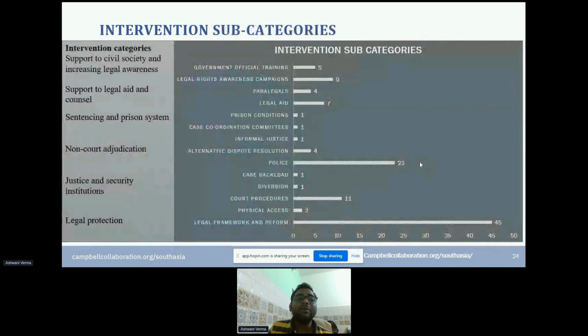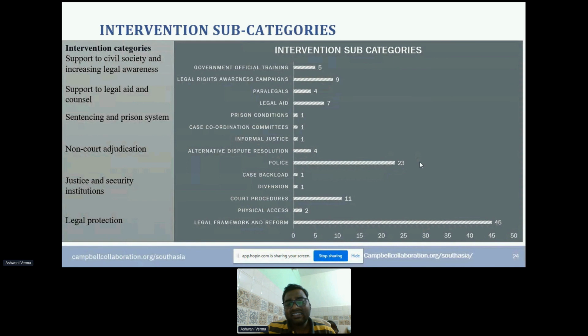But if I speak more about the subcategories, you can see the majority of the studies are based on the legal framework and legal reforms in the system. We also have police-related subcategories of intervention, which include the training of police professionals, and these police-based interventions are the highest.